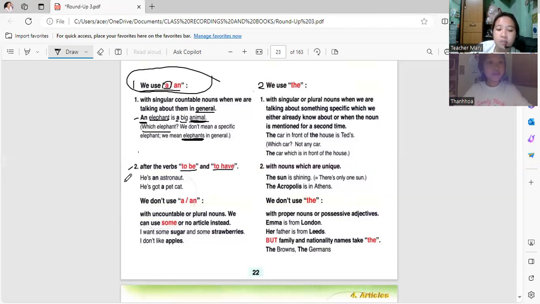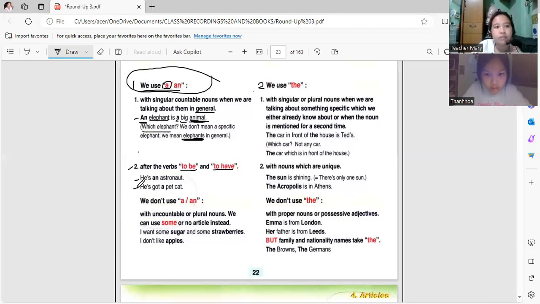So for example, number 1, can you read, please? And number 2. He's an astronaut. How about the second example?